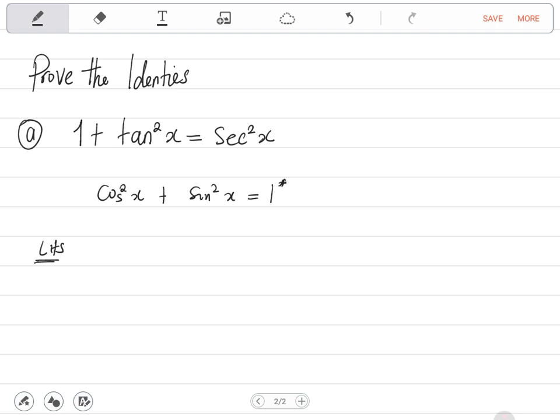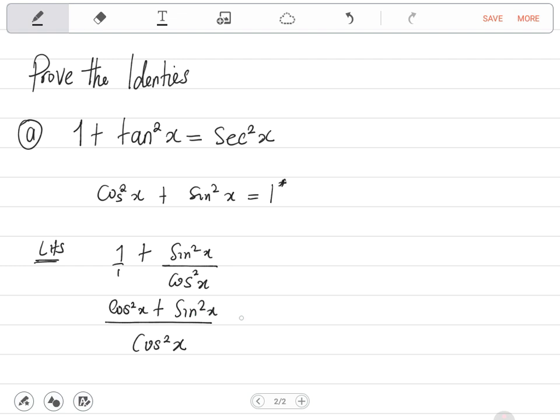We are proving, so we have 1 plus tan squared x, where tan squared x is sin squared x over cos squared x. From here we have the common denominator, which is cos squared x. This gives me cos squared x, this gives me sin squared x, and this identity is what is there.